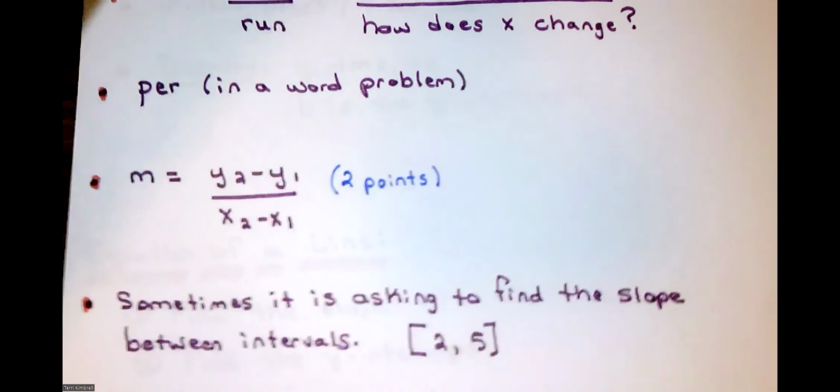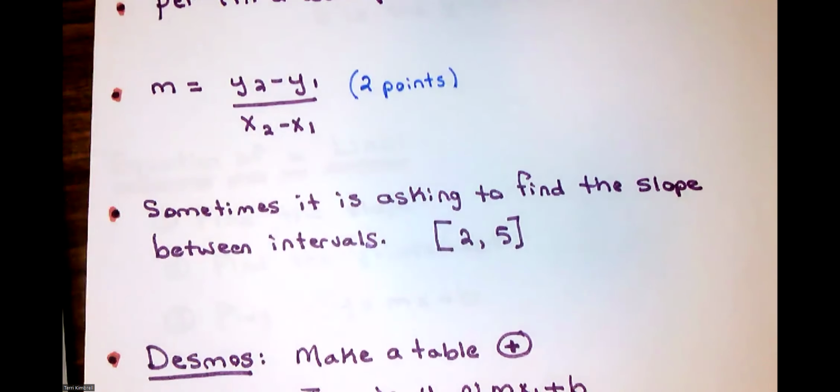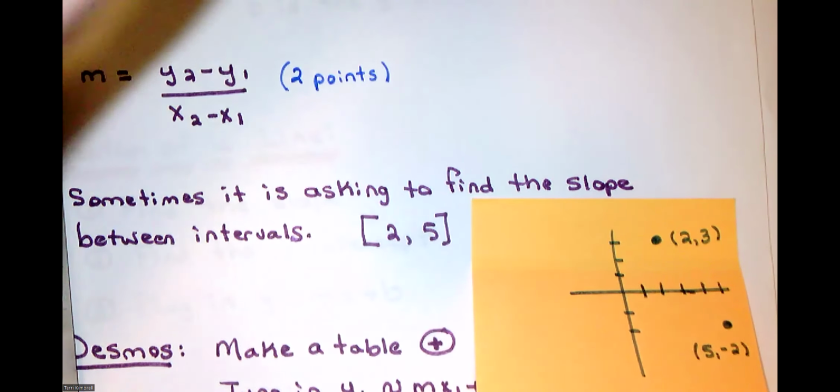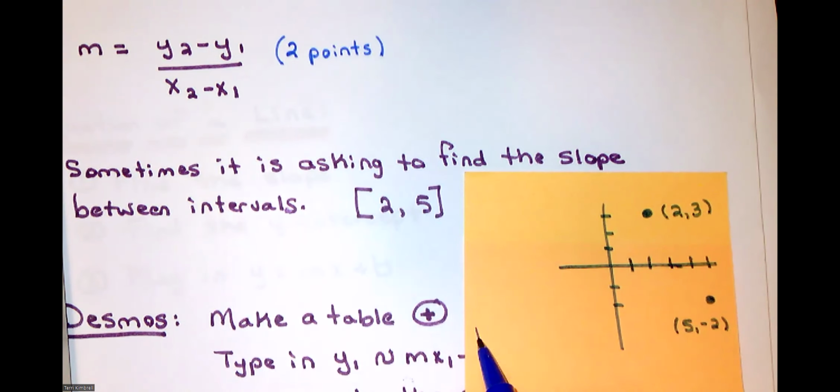Sometimes it is asking for the slope between specific intervals. And you might see something that has between the interval 2 and 5. So what this means is if you're talking between two intervals, this is meaning that your x is 2.